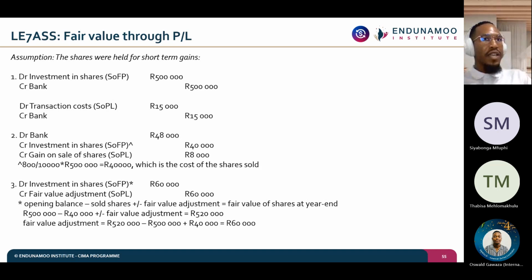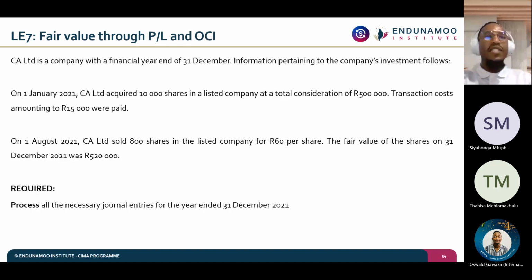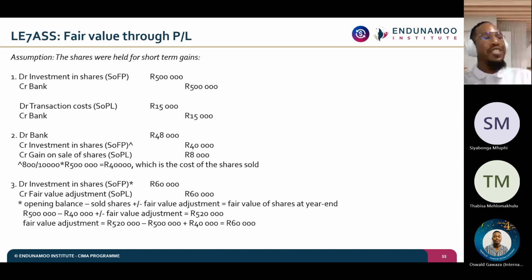The fair value of the shares. And we would credit our bank account with 500,000 because what we paid for the 10,000 shares is an amount that is quoted on a stock exchange. These shares are listed. Because they are listed, the quoted price becomes the fair value.